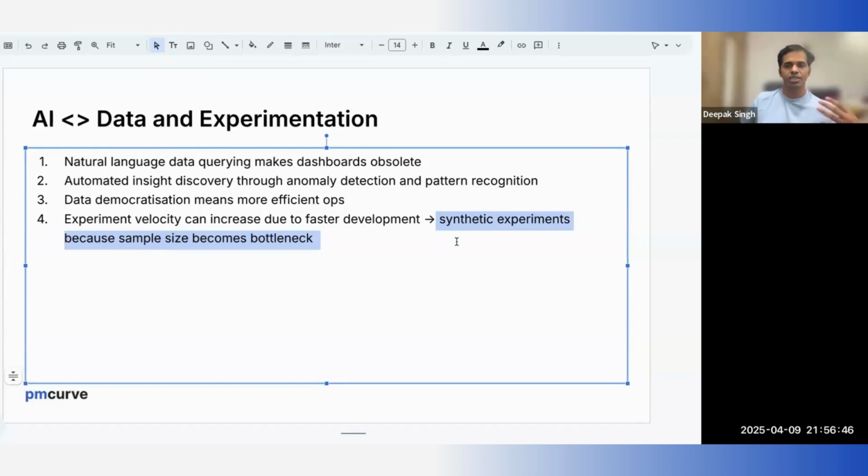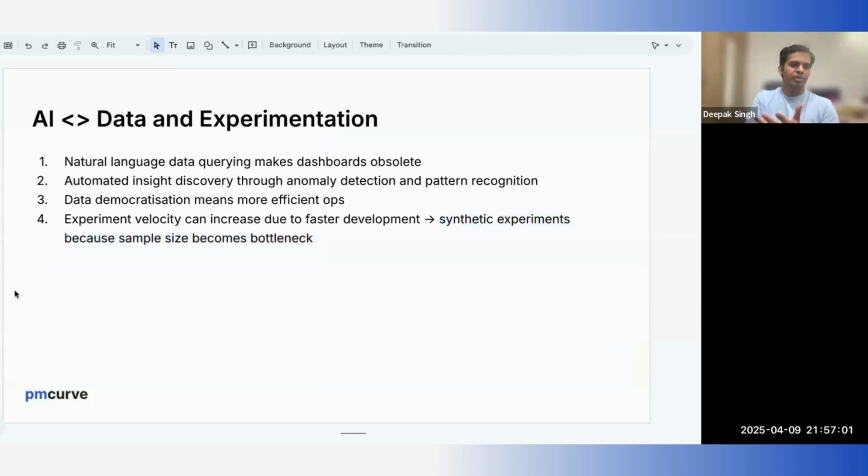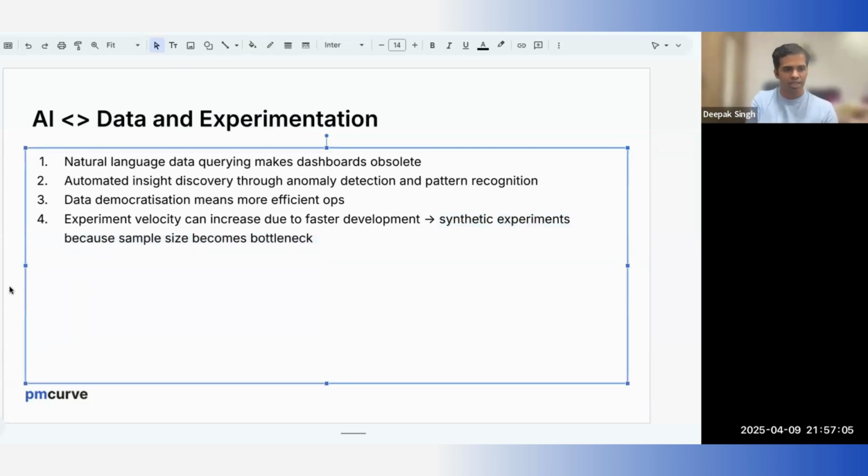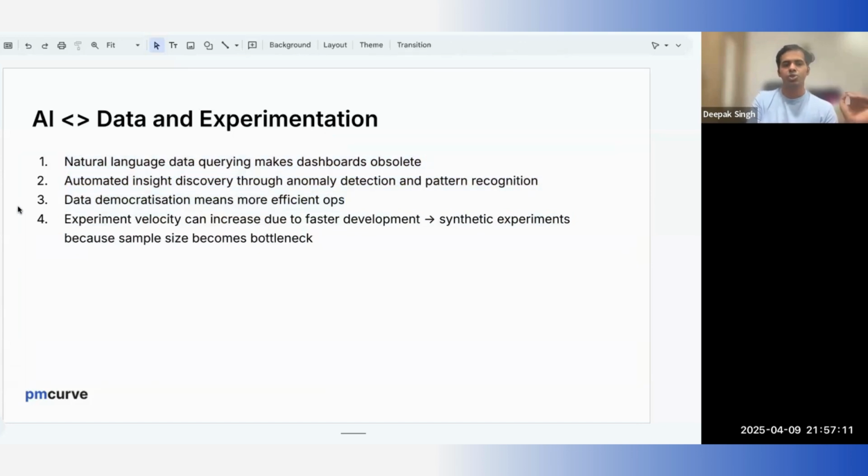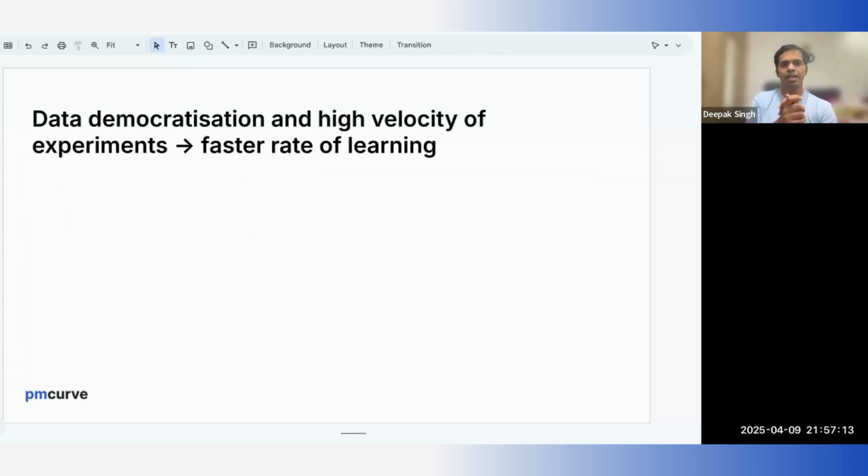Just like we are now generating synthetic data, we will be modeling our users and performing synthetic experiments on that, right? In some pockets, it's already happening where people are trying to simulate a segment of the population using AI. But it might be very, very useful and applied to experimentation. Again, something which is very futuristic, not here yet. So don't try to use it. This is what I'm calling out here. But the rest of the first three things you should be doing today in your org, right?